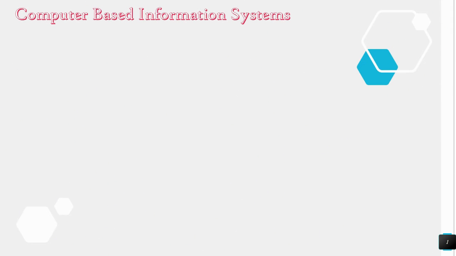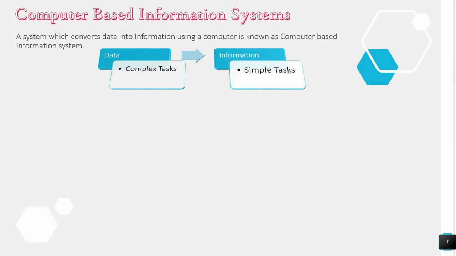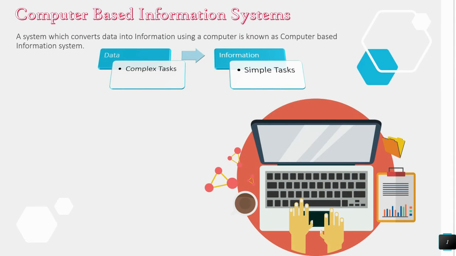Computer-based information systems. A system which converts data into information using a computer is known as a computer-based information system.